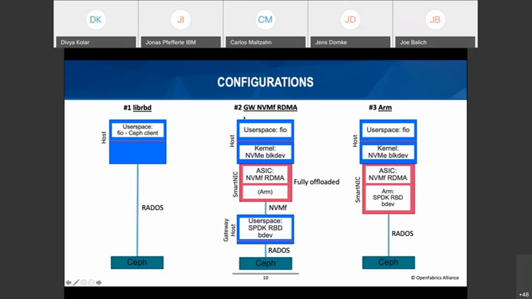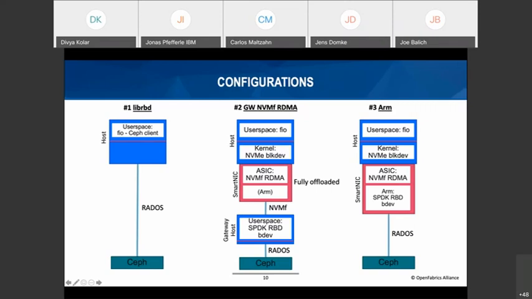And then in this scenario, we have a SmartNIC, and we run the SmartNIC in fully offloaded mode, like I showed you before. This ASIC supports NVMe over Fabrics RDMA directly, so the ASIC connects to the SPDK running here on the gateway, and on the other side, towards the host, exposes a PCI NVMe block device, which runs here on the host, using the normal Linux NVMe block device driver.